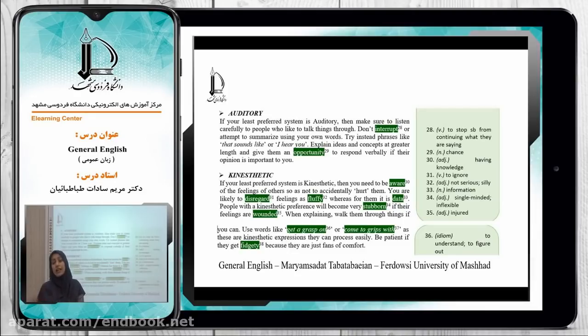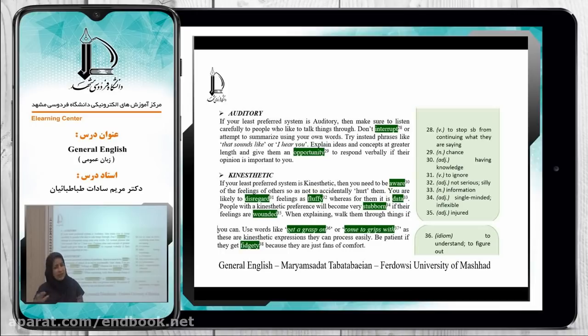Use phrases like I hear you, that sounds like, because these have to do with hearing and their preferred system is hearing. And explain ideas and concepts at a greater length. It means give them long explanations, not very short ones.